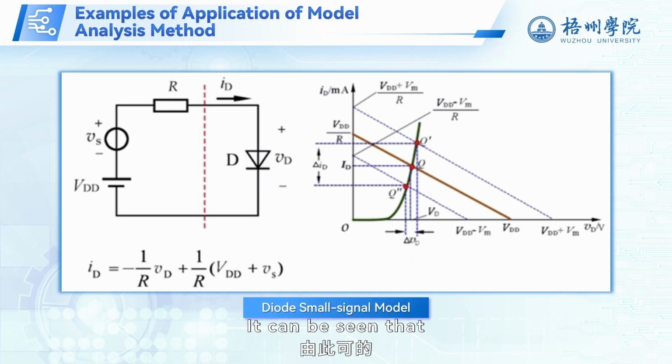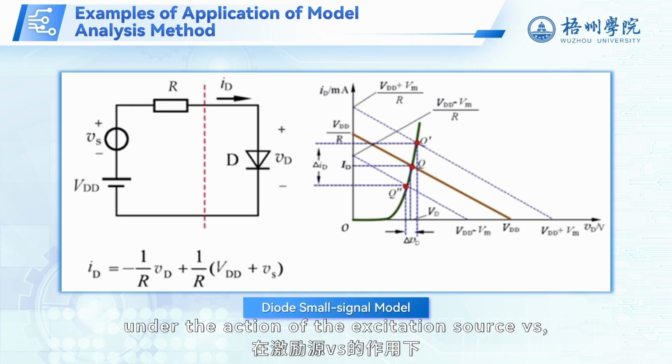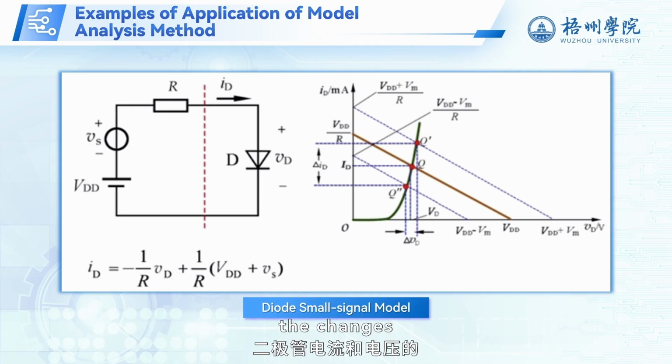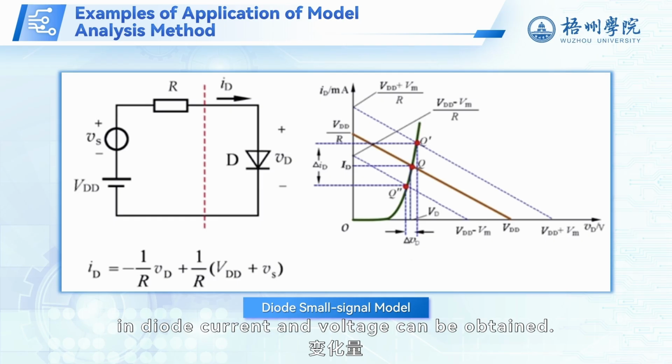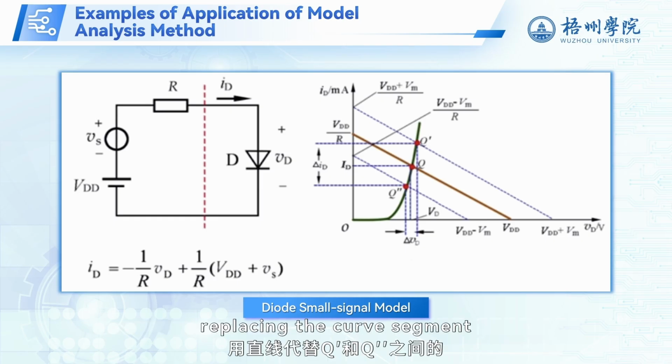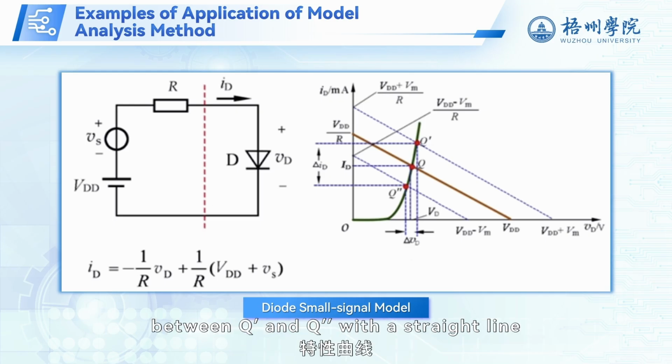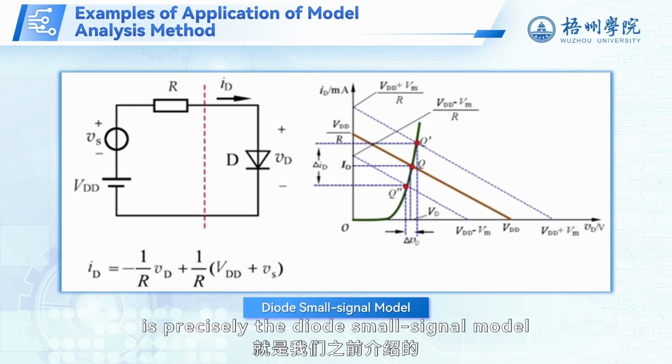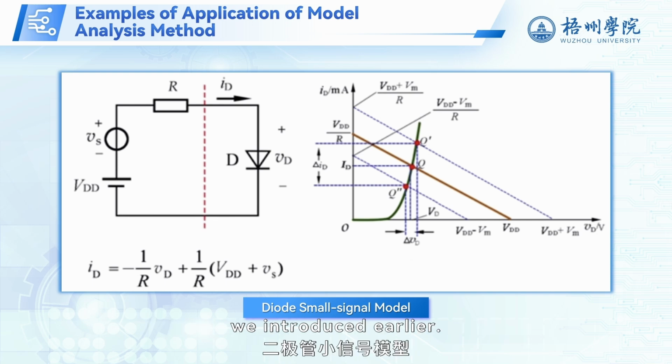It can be seen that under the action of the excitation source Vs, the changes in diode current and voltage can be obtained. In fact, replacing the curve segment between Q prime and Q double prime with a straight line is precisely the diode small signal model we introduced earlier.